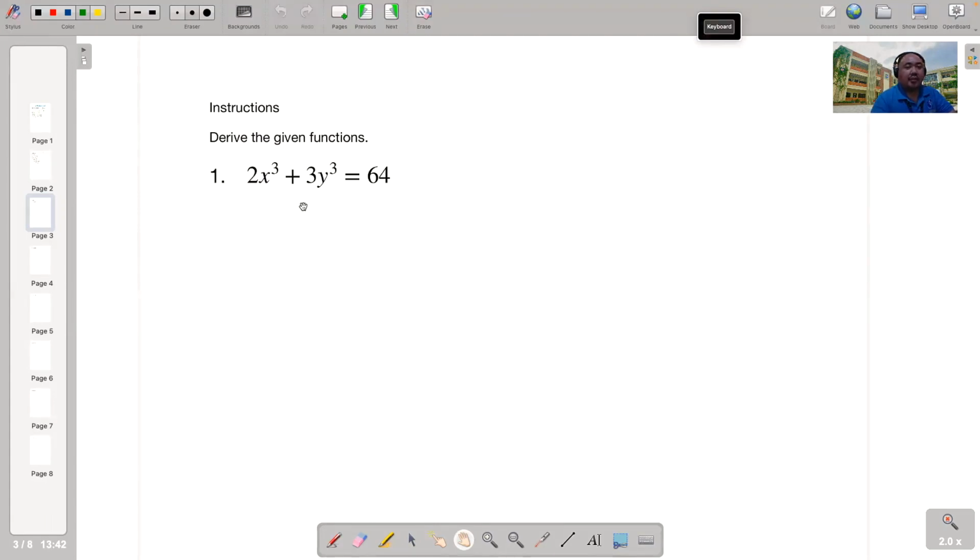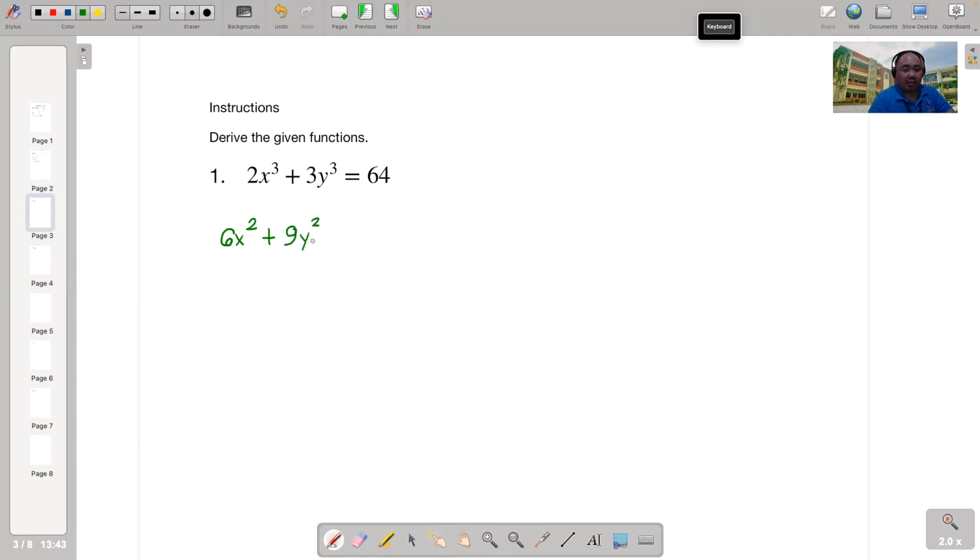So automatically you will get 2x cubed. We derive this like we always do, so we just use the power rule. This is 6x squared. And then when you reach 3y cubed, you derive this the usual way, which is again use the power rule. This is 9y squared.